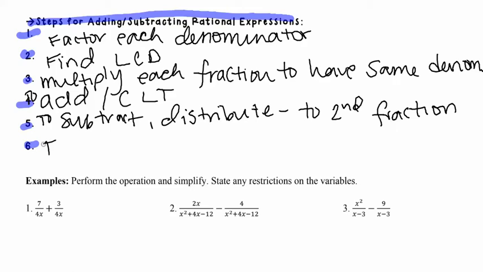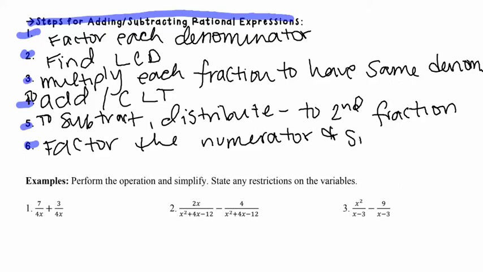Last step, factor the numerator and simplify if possible. Sometimes that's not possible. More times that's not possible than is possible. So just keep that in mind.